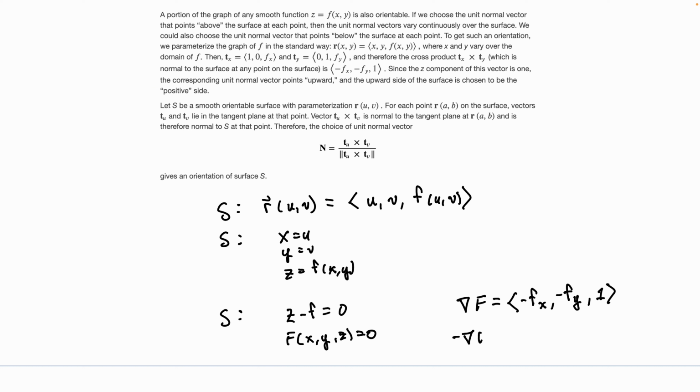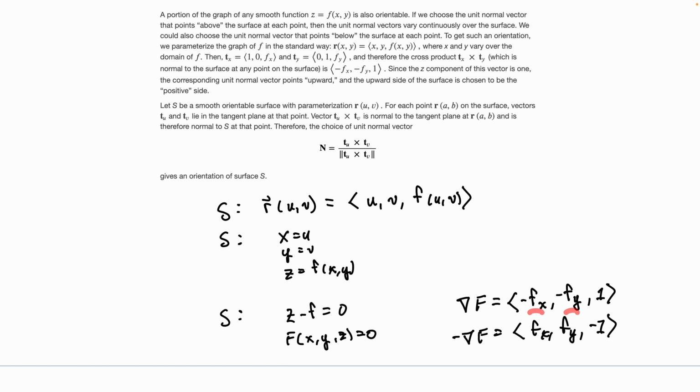Then the opposite of that, the other direction, would be f sub x, f sub y, comma, negative 1. And then this makes it a little bit more clear, positive orientation and negative orientation. So again, in the special case where the surface can be given as the graph of a function, you just look at the variable which is dependent, and you take that to be either positive or negative, depending on the orientation that's specified.